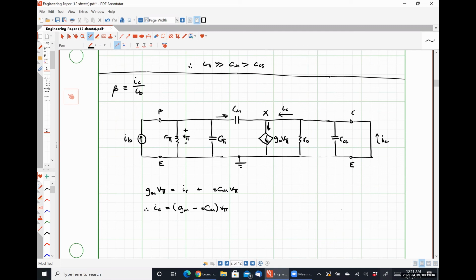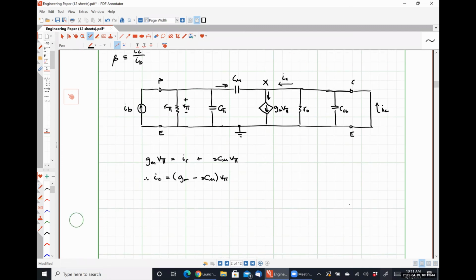But C mu is also in parallel because we've short circuited our output terminals, right? So we're just going to see that V pi is equal to IB multiplied by the parallel combination of R pi in parallel with the impedance of C pi in parallel with the impedance of C mu. Just Ohm's law. Everybody okay with that?